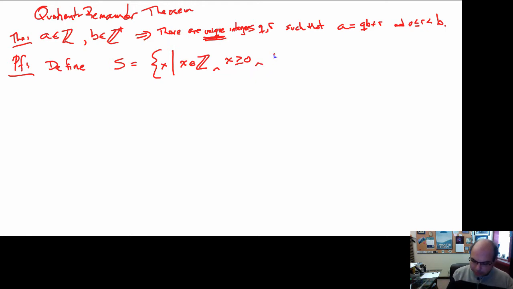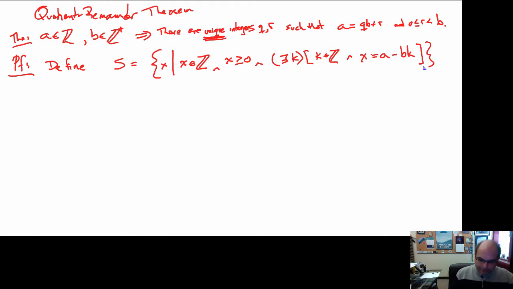The other property it needs is that we can find some k, an integer, such that x is simply equal to a minus b times k. This is the set that we're defining.